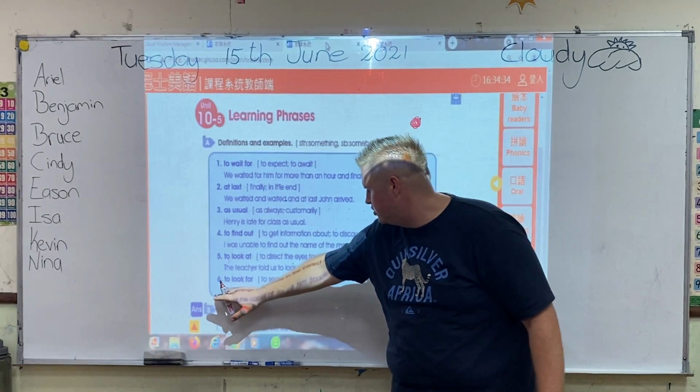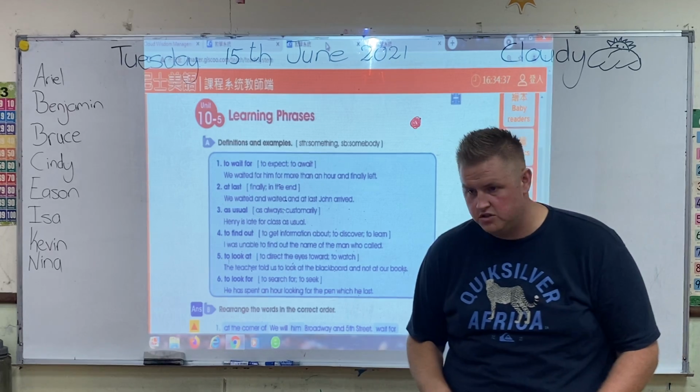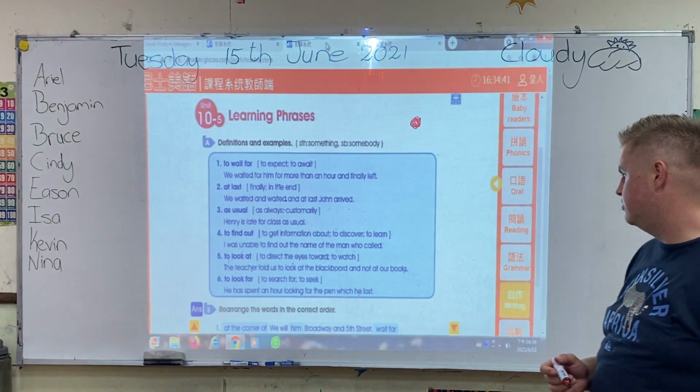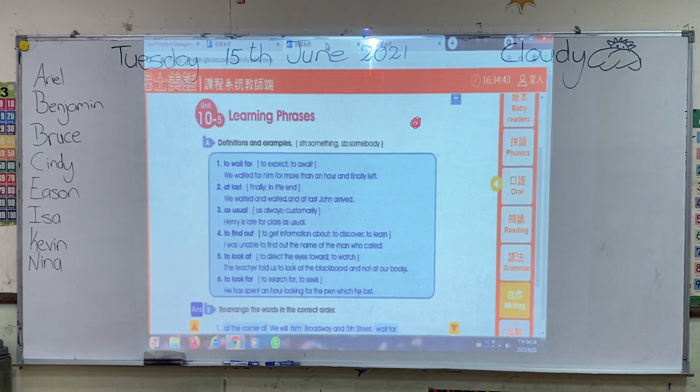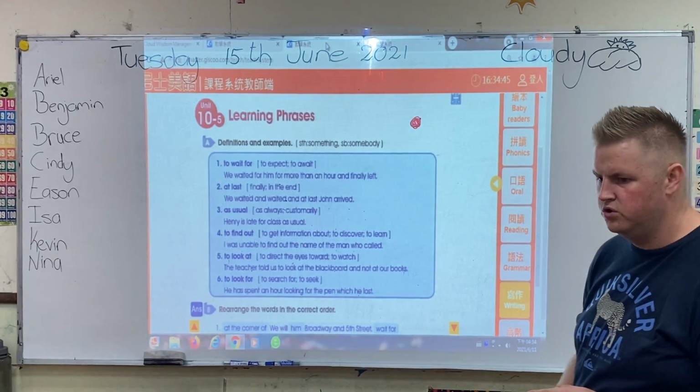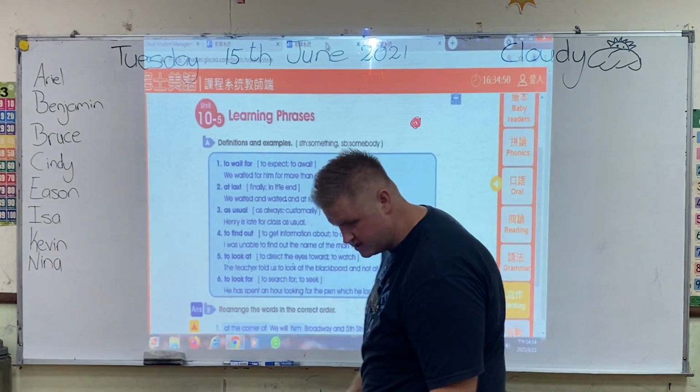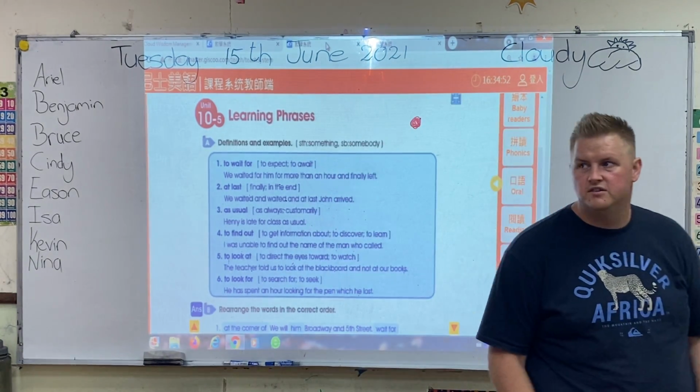And then to look for is to search or to seek. He has spent an hour looking for the pen which he lost. So when you lose something and you look for it, you're searching for it.